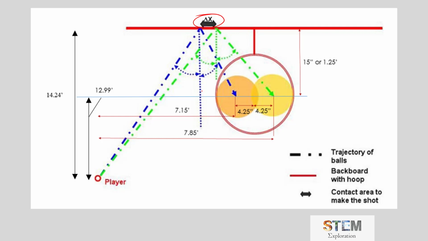But could we still calculate relatively how much more likely they are to bank a basket at a particular position or not? So instead of banking it off the backboard and making a perfect basket like we did in part one, we're going to look at the range of possibility if you bank off the backboard and land at the very left part of the hoop, and bank off the backboard and land at the very right part of the hoop.